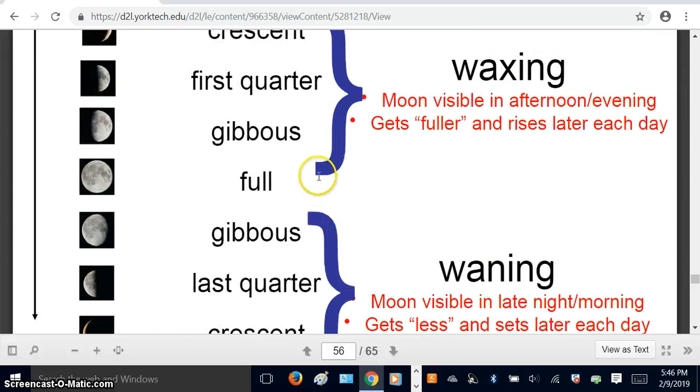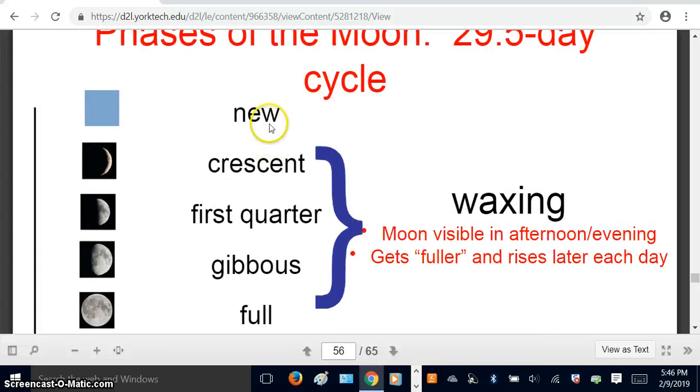Let me mention this as well. The moon's phases are often used in calendars for different cultures around the world. The Jewish calendar, for example, or at least part of the Jewish calendar uses the phases of the moon.